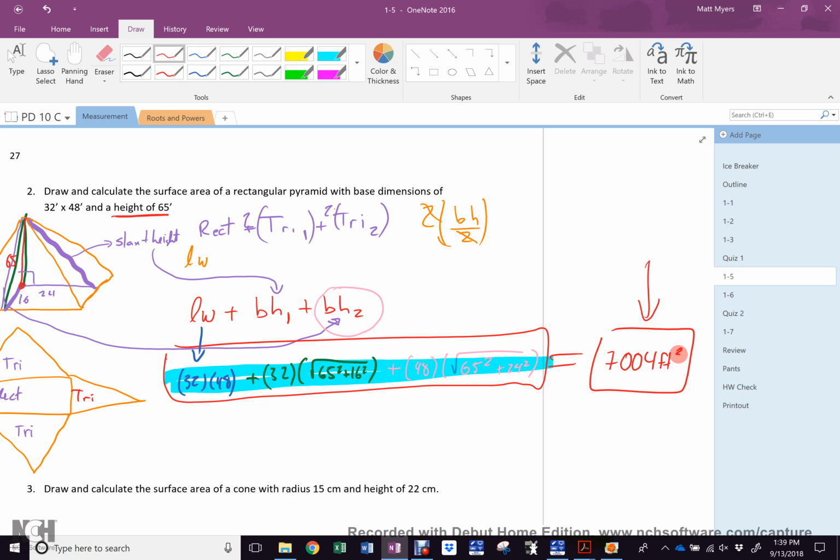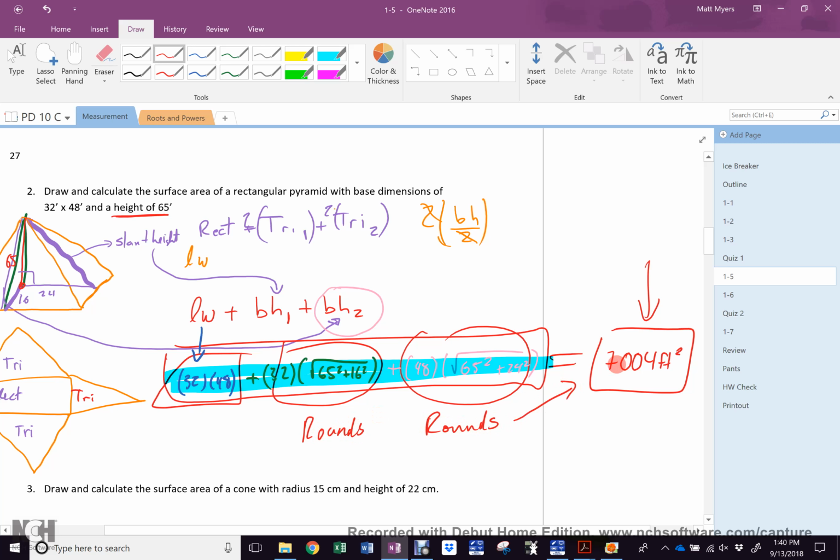Now, if you do Ganika's way, she does it piece by piece by piece. This one's not going to give you a decimal. But these two are going to give you decimals, aren't they? If she rounds off here, and she rounds here, that's going to give you a very different answer than if you don't do any rounding here, right?